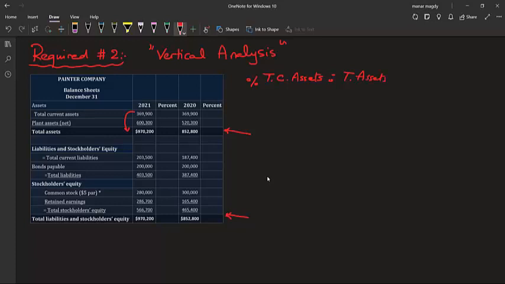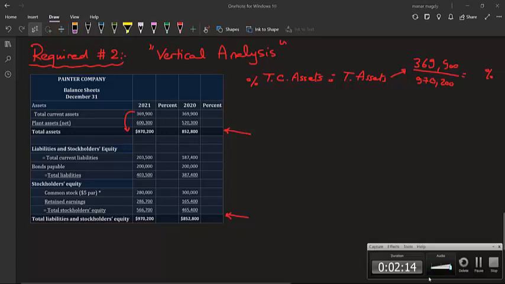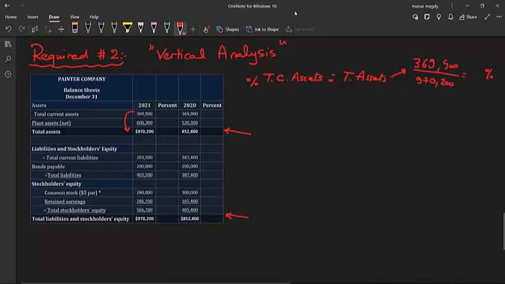You divide the total current assets, 900 divided by the total assets, 970,200, and then you get the percent, which is 38%. So here it is 38%, and the total assets is our 100%.